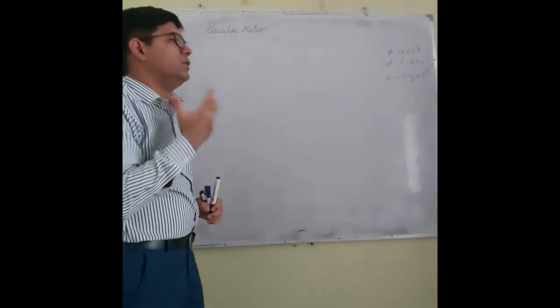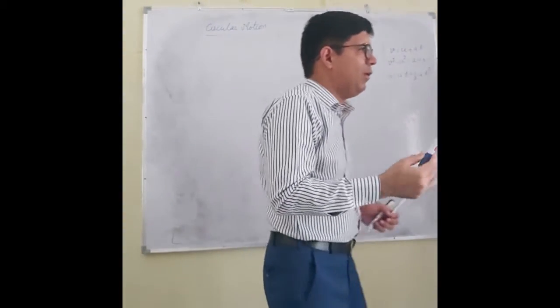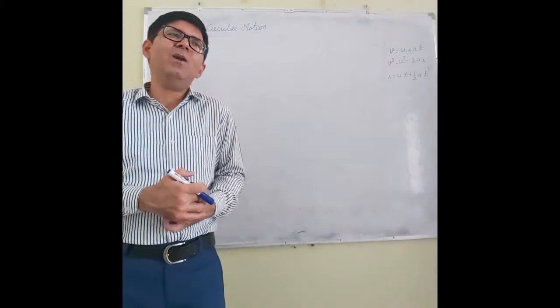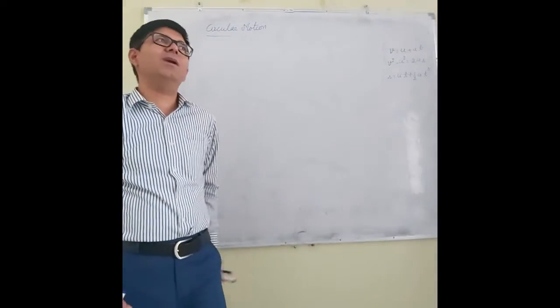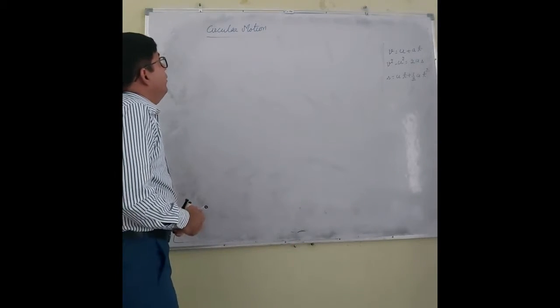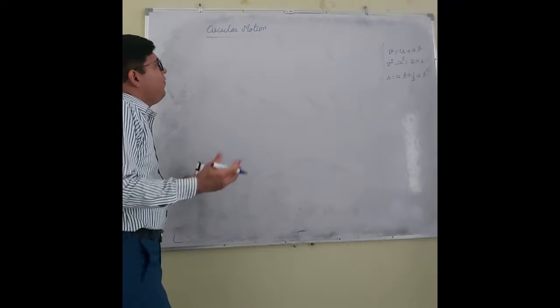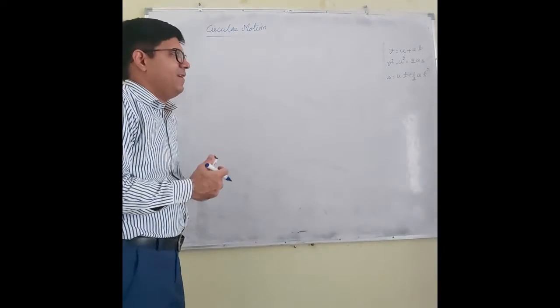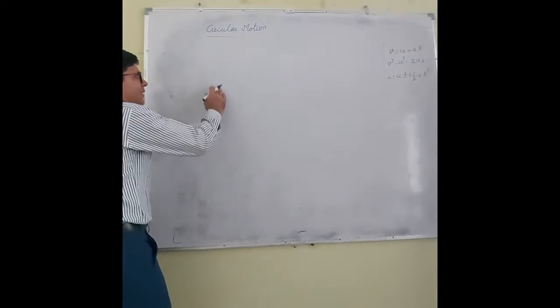Now circular motion. All of you know that the motion of a body along a circle is called circular motion. Now, before telling you about circular motion, let's discuss a few cases.